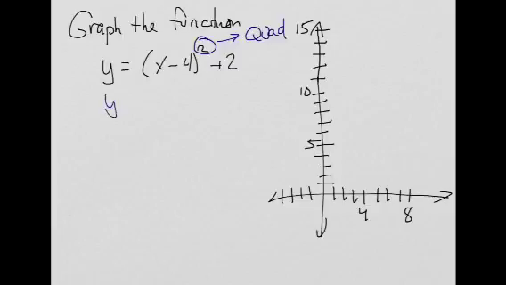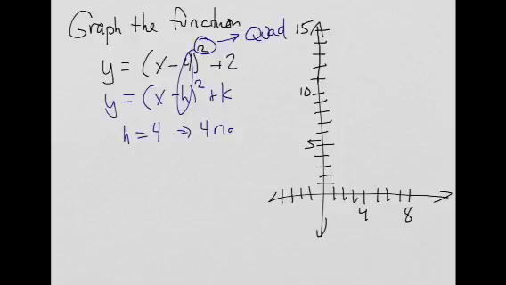It fits with our general shifted quadratic, x minus h quantity squared plus k, and using that, my h is 4, so I'm moving 4 right. My k value is 2, so I'm moving 2 up.